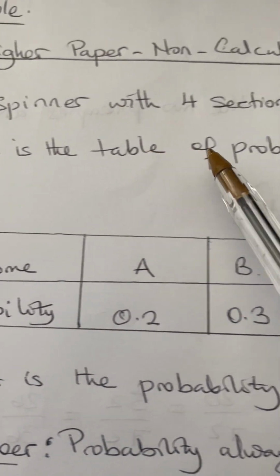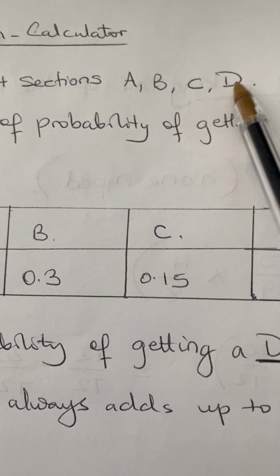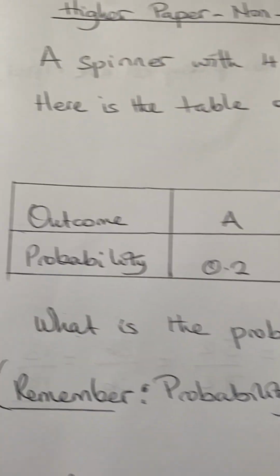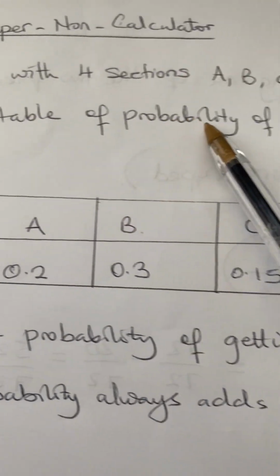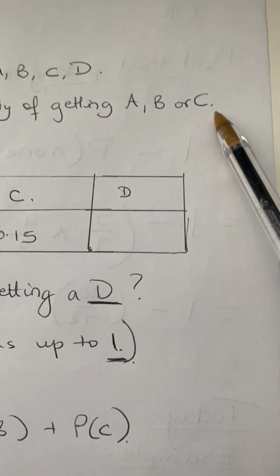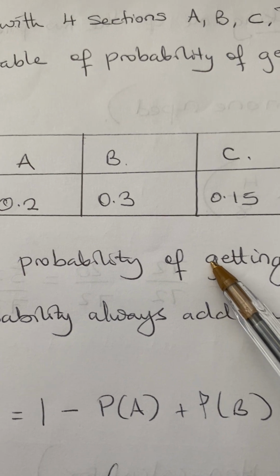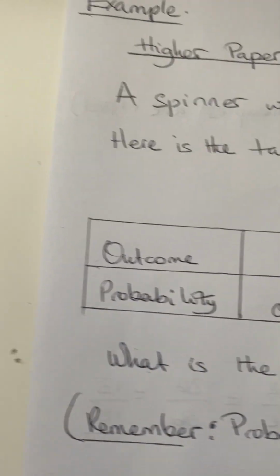A spinner with 4 sections, A, B, C, and D. Okay. Here is a table of the probability of getting A, B, and C. Okay. What is the probability of getting a D?